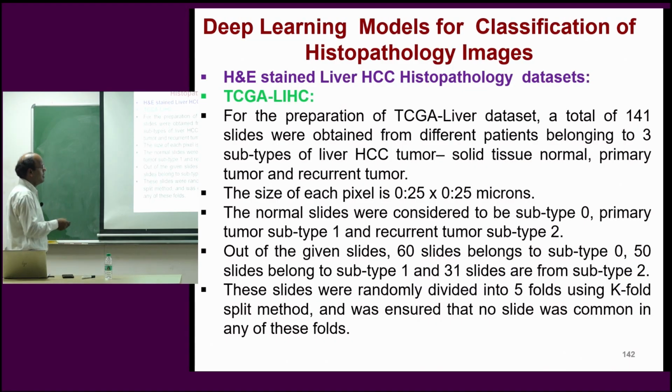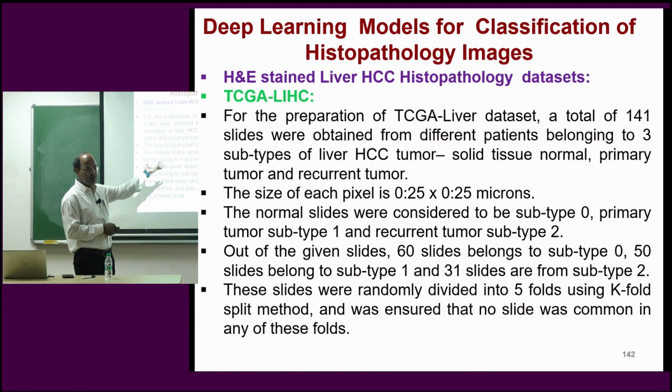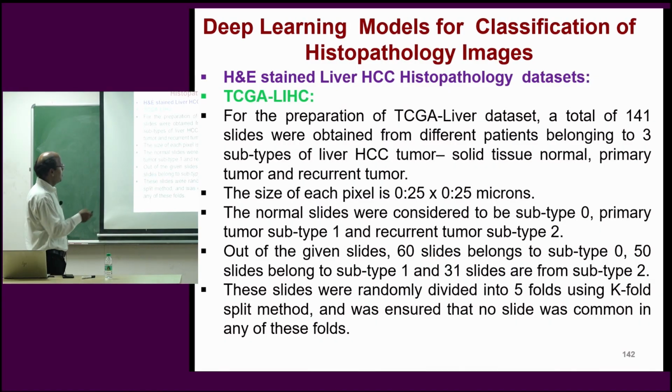There are repositories there. The size of each pixel is 0.25 micron, which is basically the resolution of the pixels. Normal slides are considered as subtype 0, primary tumor subtype 1, recurrent tumor subtype 2. So in TCGA only 3 are there, right?